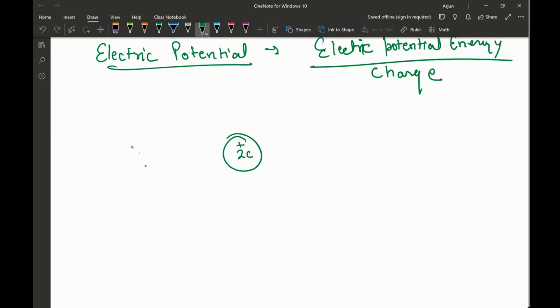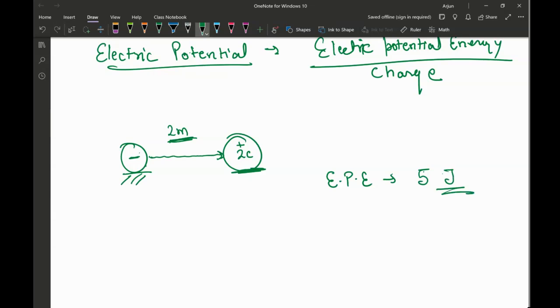One thing I will define here is this is a negative charge, and I moved this charge to a distance of 2 meters away, and I'm just taking a random number here. By moving this charge 2 meters away from a negative charge, the electric potential energy stored in the system is, let's say, 5 joules. Again, this is a random number I'm taking.